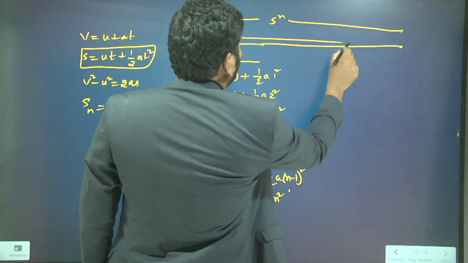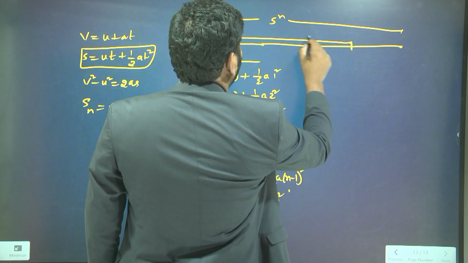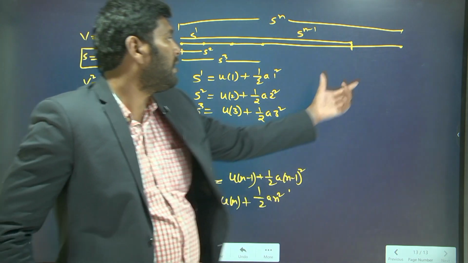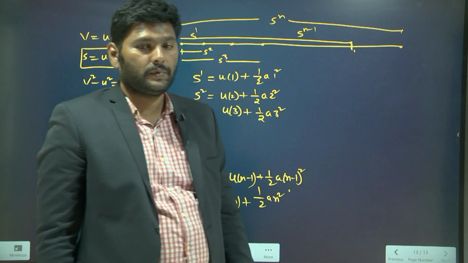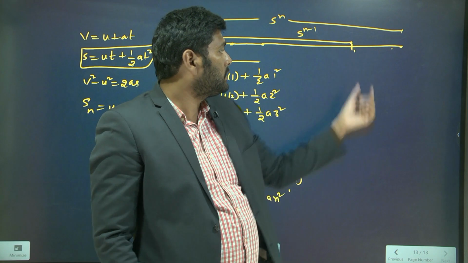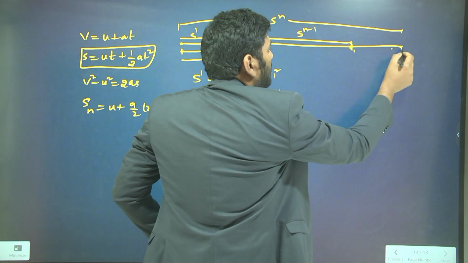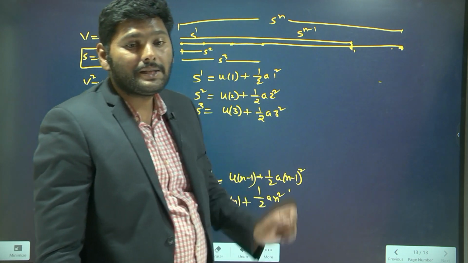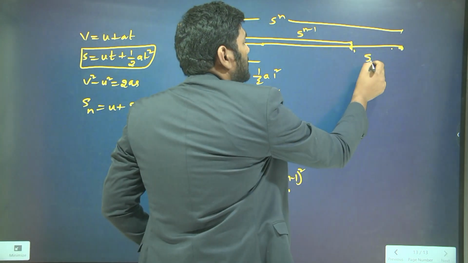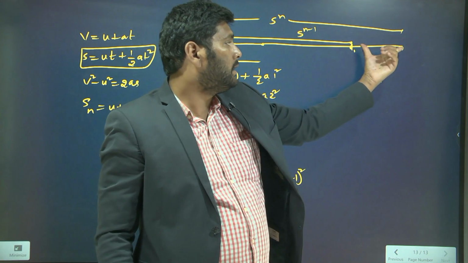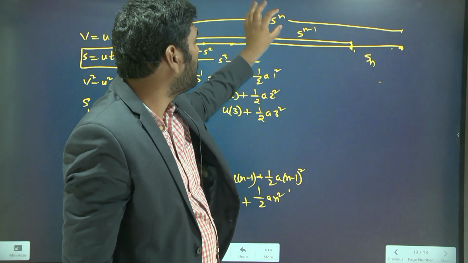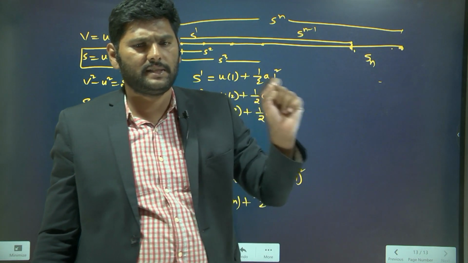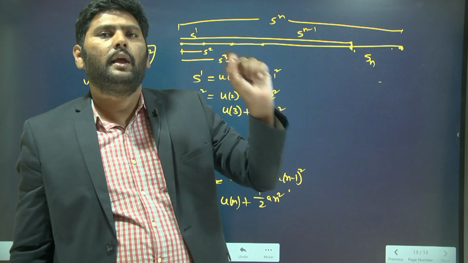Let us assume that from here to here is the distance traveled in n minus 1 seconds. Now I want the distance traveled in this last duration. This distance is nothing but the distance traveled in the nth second. So when you subtract Sn minus 1 from Sn, you will get this distance, which is the distance traveled in the nth second.